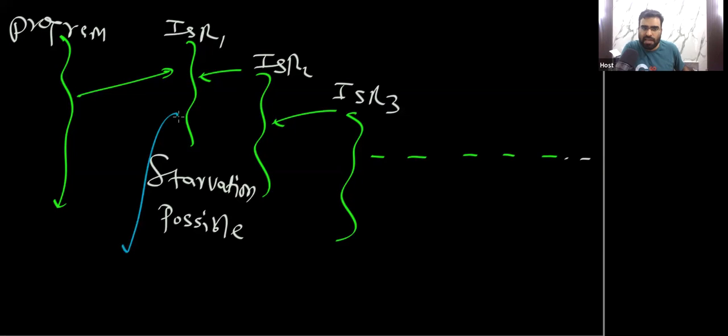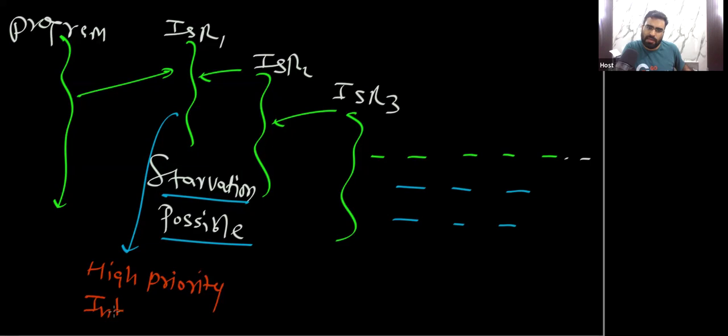Maybe this is a high priority ISR. Maybe this interrupt has very high priority, but still in this method the problem is that this high priority interrupt can starve.